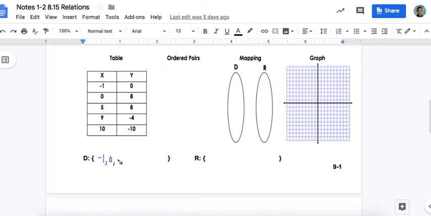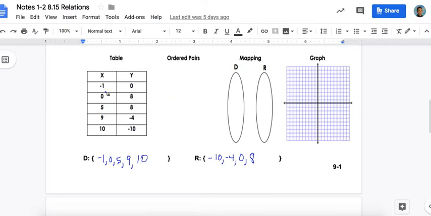So we're going to write -1, 0, 5, 9, and 10. And then our y values are arranged, so we're going to write those in order from least to greatest. So we have -10, -4, 0, and then 8 repeats twice here, so we're only going to write it one time.